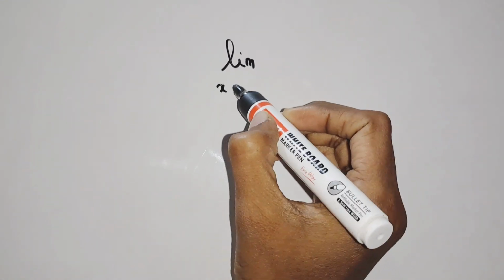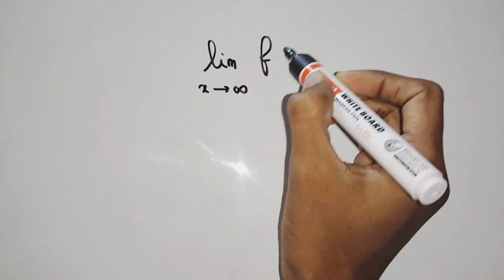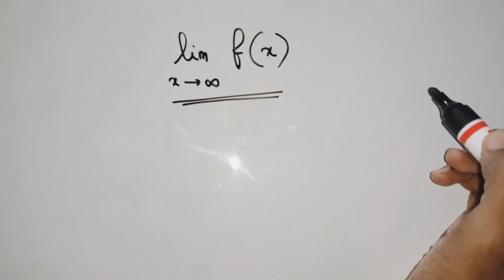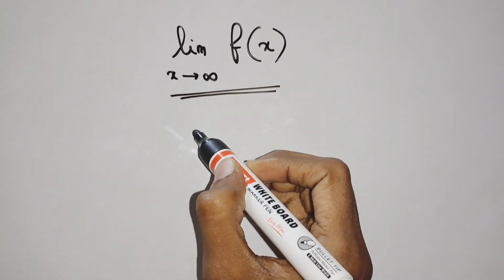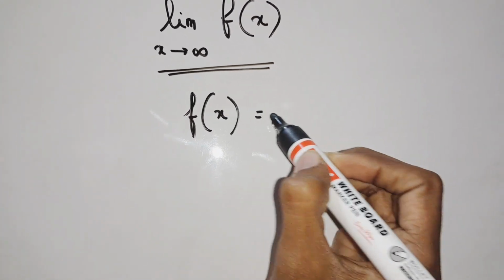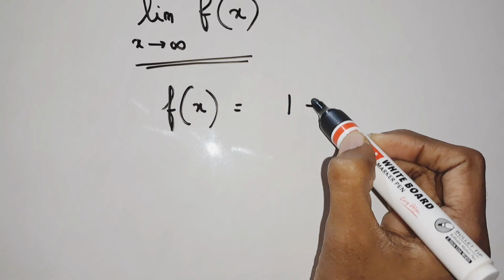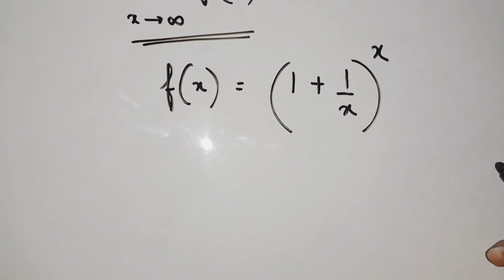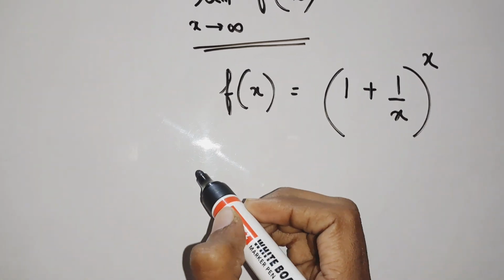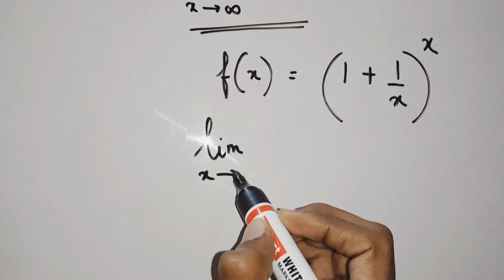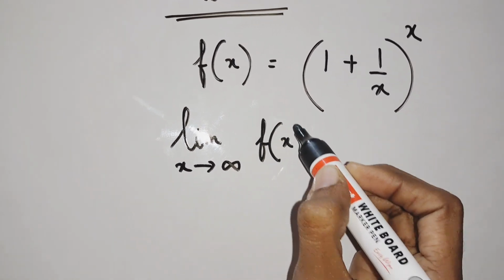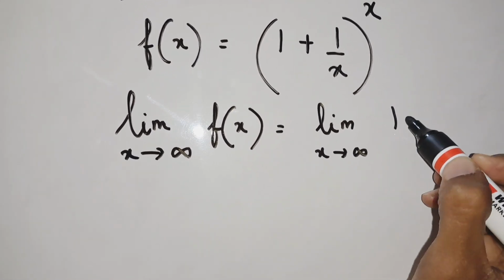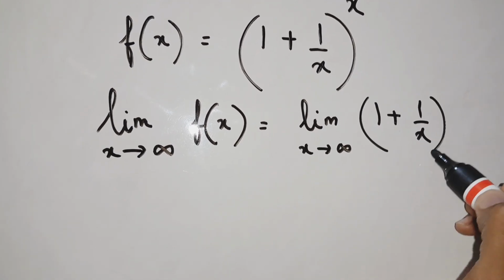Say, limit x approaches infinity of f of x can be one procedure to evaluate this type of number. So suppose f of x is equal to (1 plus 1 by x) whole to the power x. Now if you put the limit on both sides, as x approaches infinity, the limit of f of x is nothing but the limit as x approaches infinity of (1 plus 1 by x) whole to the power x.